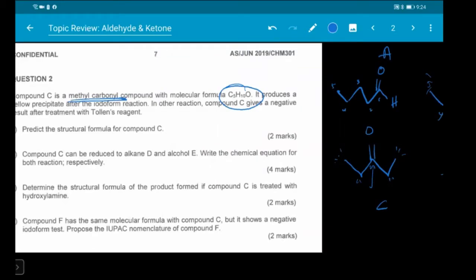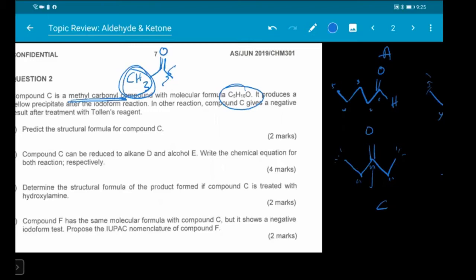Alright, what does methyl carbonyl mean? Meaning that dia wajib ada CH3 dekat sebelah tu. Ada sebabnya kat sini. Dengan sini tak kisahlah dia terikat dengan berapa. In this case, dia akan terikat dengan baki lagi 3 karbon. Okay, tapi wajib ada CH3 kat hujung. Ataupun sebelah tak kisah, sebelah kiri atau sebelah kanan, wajib ada methyl group. Kenapa wajib ada methyl group?